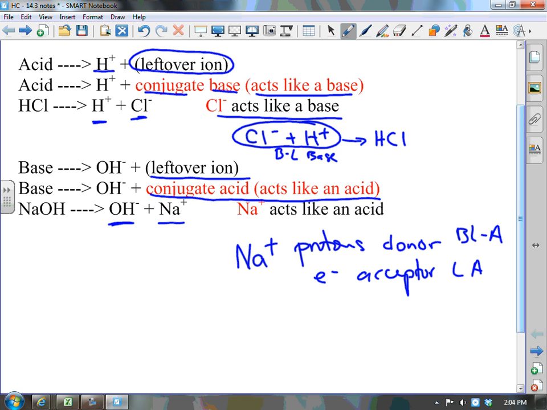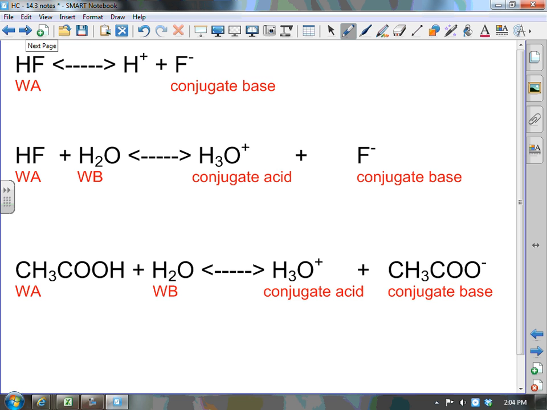Again, our point here is that the concept of conjugate is that leftover piece, and it has the opposite properties, because there are things that could happen to that leftover piece that fit one of the definitions. All right, so conjugate acids, conjugate bases.